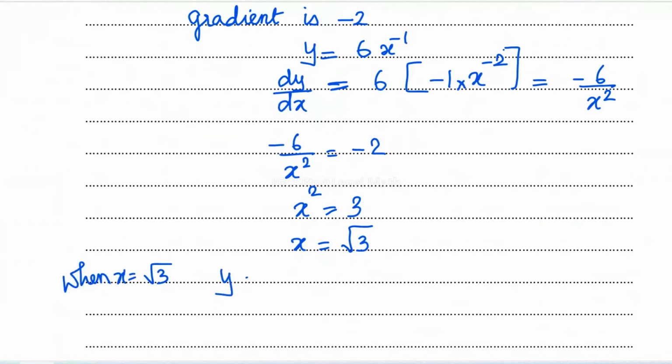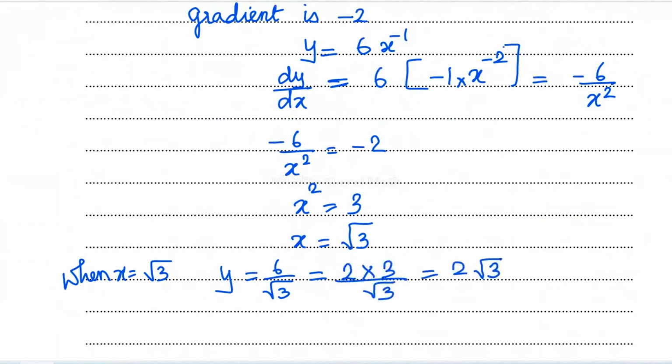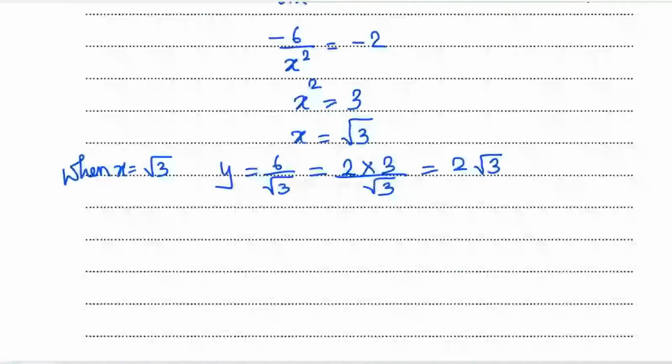Y is equal to 6 over square root of 3, which is nothing but 2 multiplied by 3 divided by square root of 3, which can be written as 2 multiplied by square root of 3. So the coordinates are square root of 3 comma 2 square root of 3.